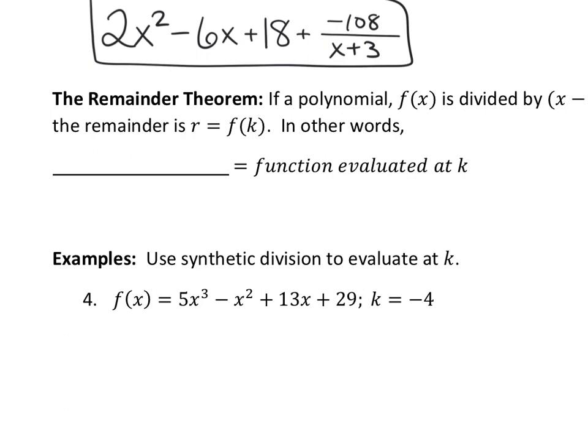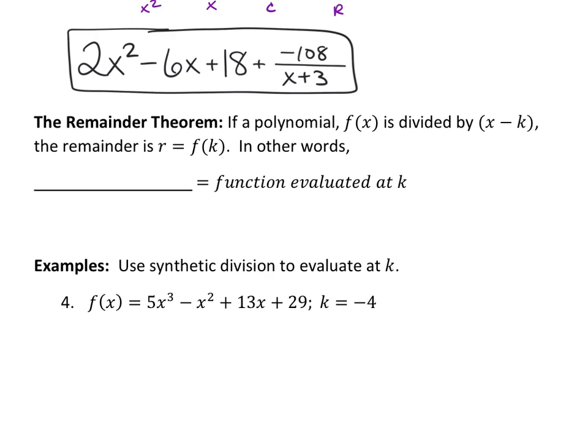The remainder theorem says that if a polynomial, f of x, is divided by x minus k, the remainder is r equal to f of k. Ugh, math words. In other words, the remainder, whatever we would get as the remainder if we were to do division, is just what you get when the function is evaluated at k, which is another fancy way to say plug in k.